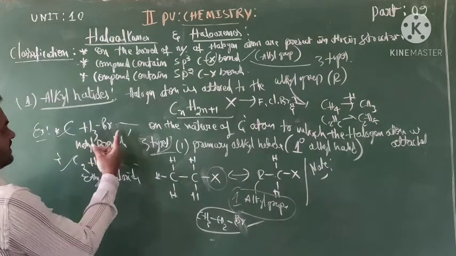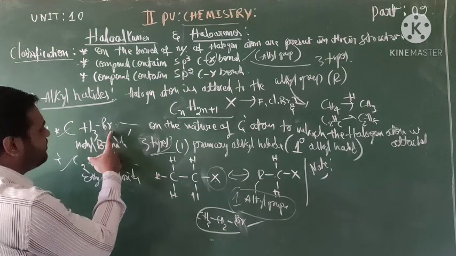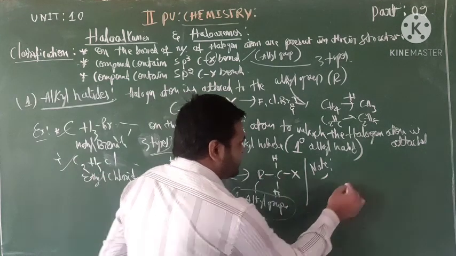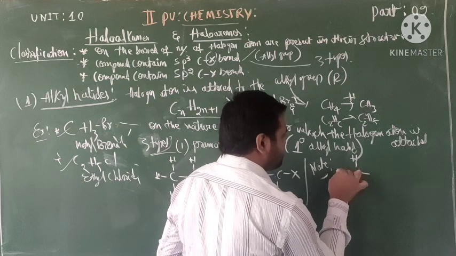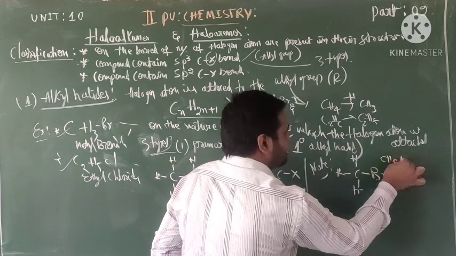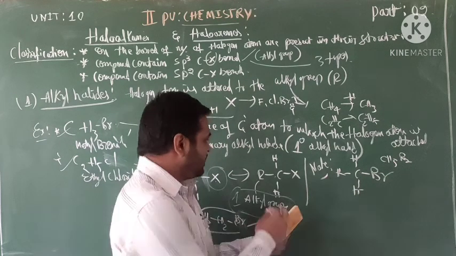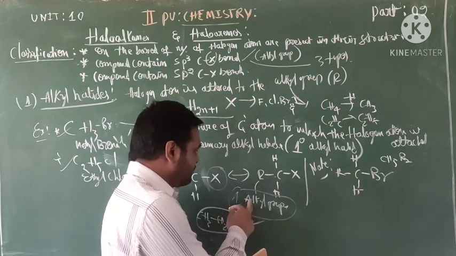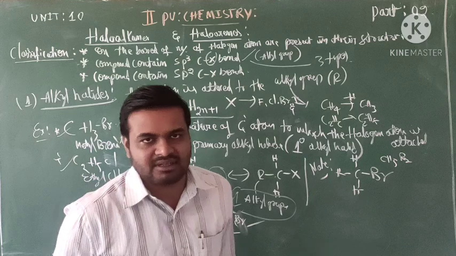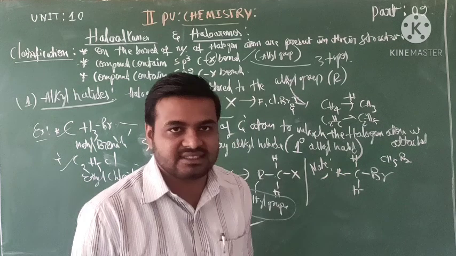So note down one more point. Just see this. Is this a primary alkyl halide or not? This is CH3Br. It should have one alkyl group present to be primary, but there is no alkyl group, only hydrogens are present.